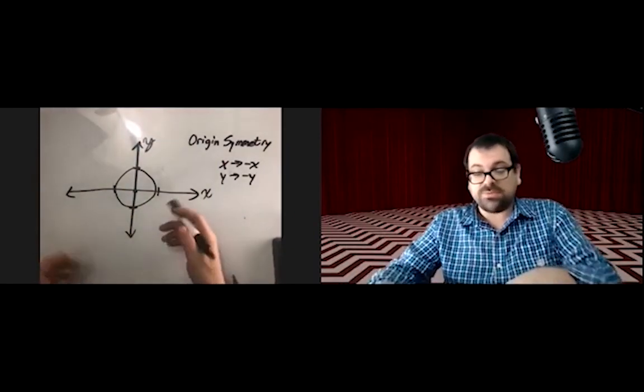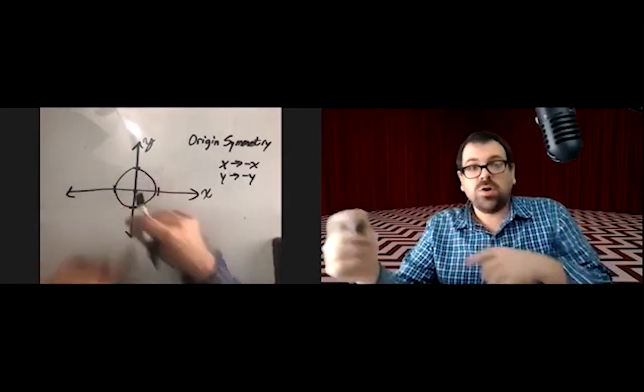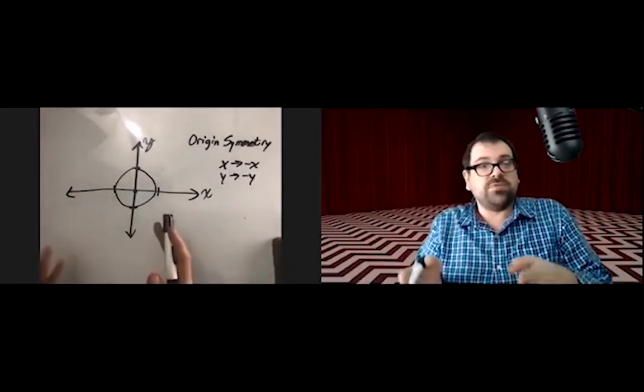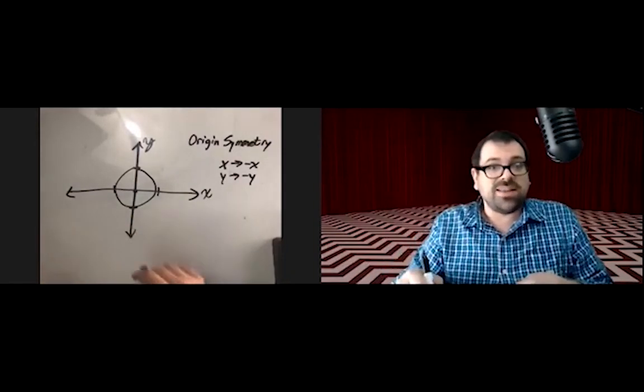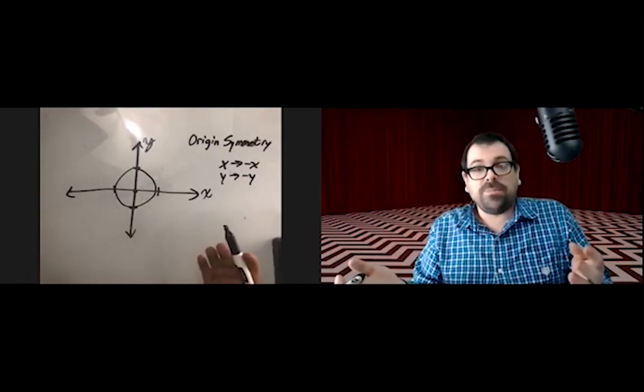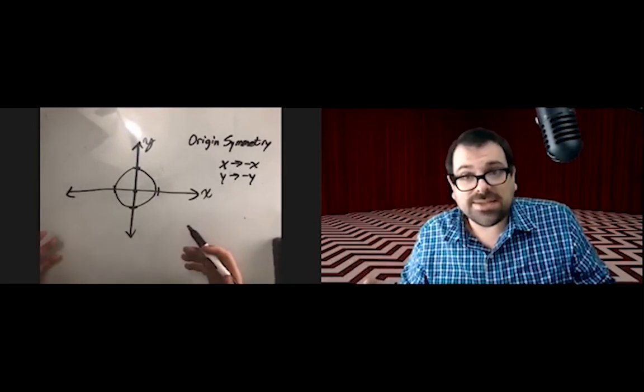Now this only works because it's centered at the origin. We saw in that last example last time, if we start moving this up, down, left, right, it's not centered in the origin anymore. It's not going to keep both x-axis and y-axis symmetry.